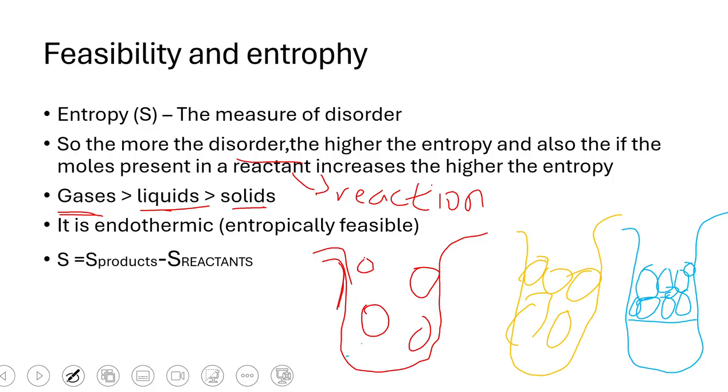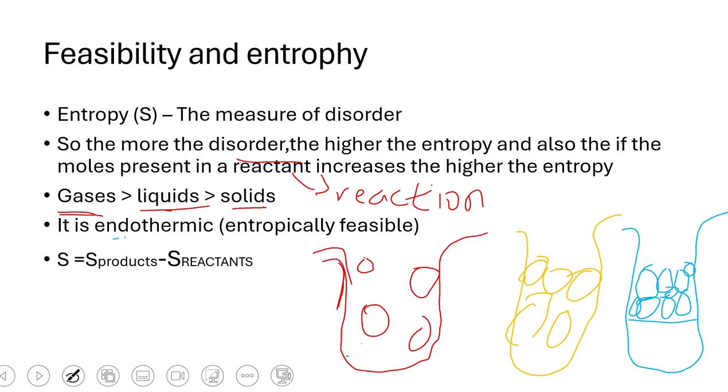So normally any element in its liquid state has higher entropy than the same element in its solid state. And if the element is in its gaseous state, it has higher entropy than in its solid state and also in its liquid state.